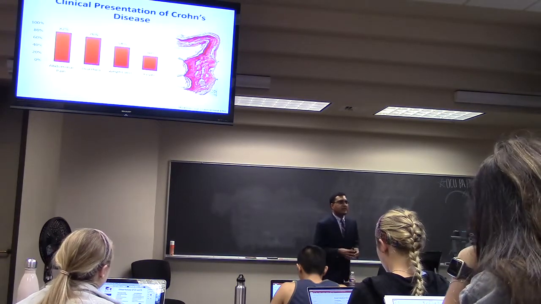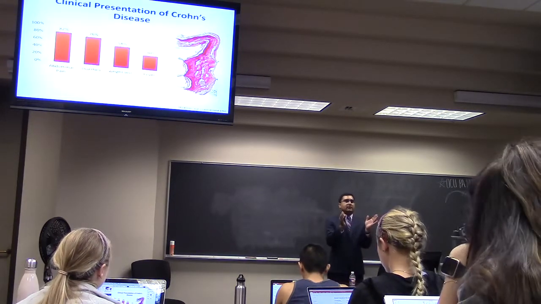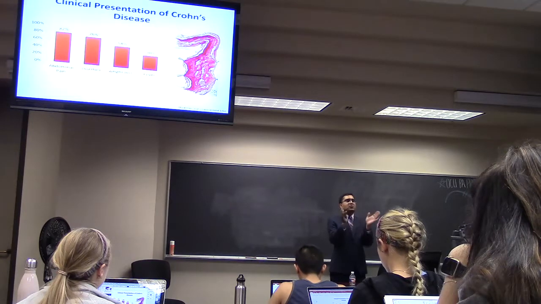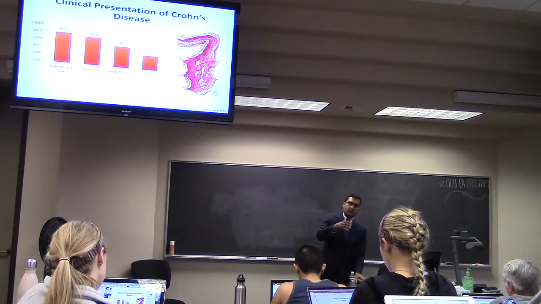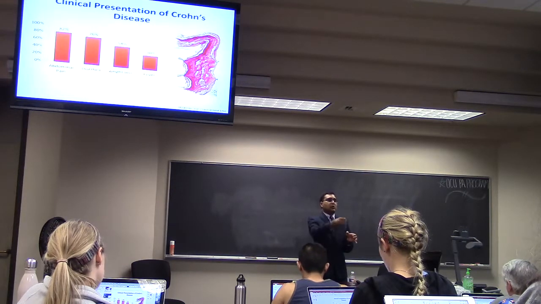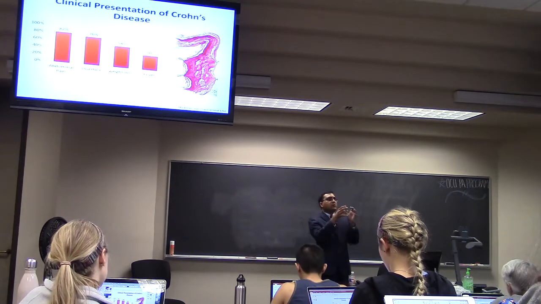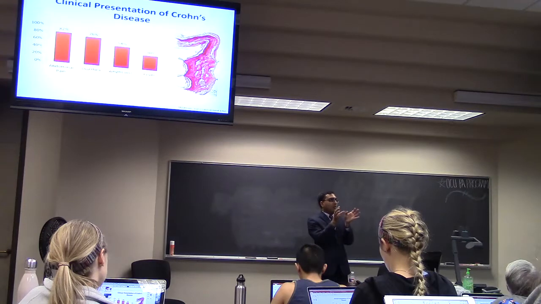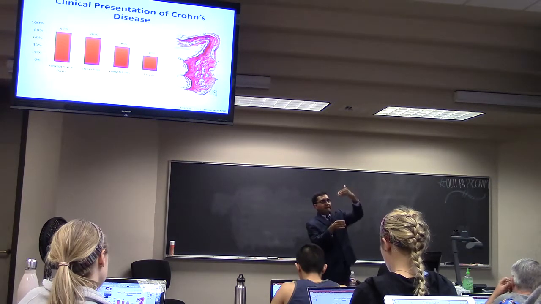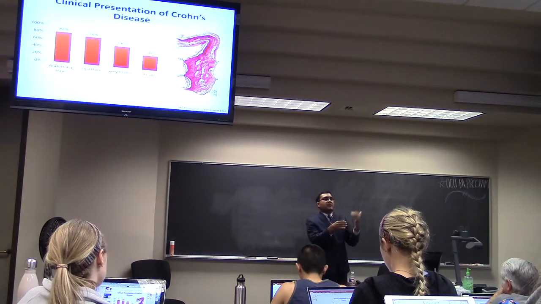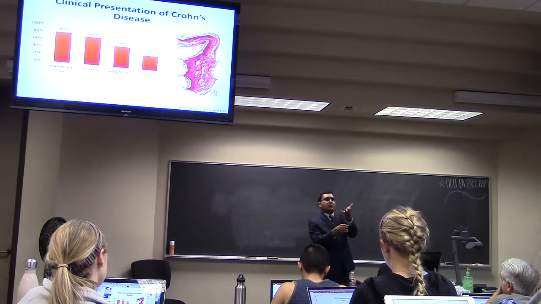Crohn's disease is a transmural inflammation. I tell this to all my patients also: your colon is like a tube. When the tube gets inflamed and swollen, lots of things can happen. The food is not going to pass through, so it gets obstructed.